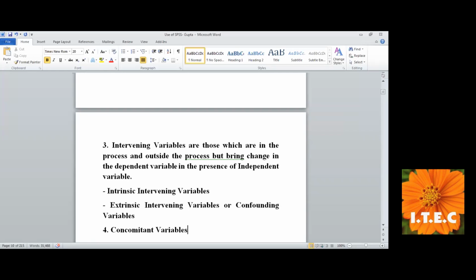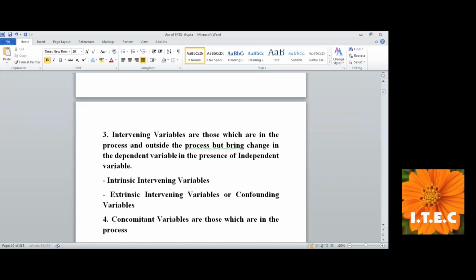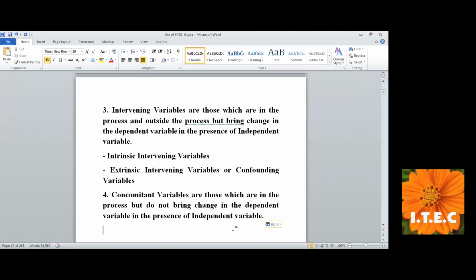So concomitant variables are those which are in the process but do not bring change in the dependent variable in the presence of independent variable.